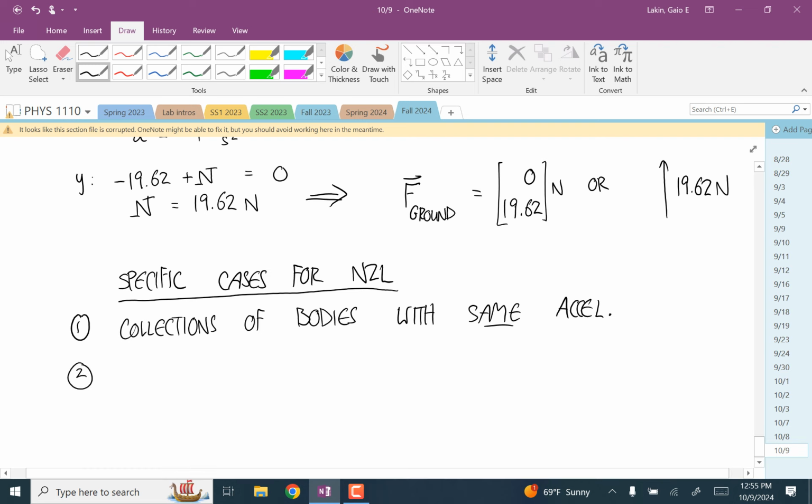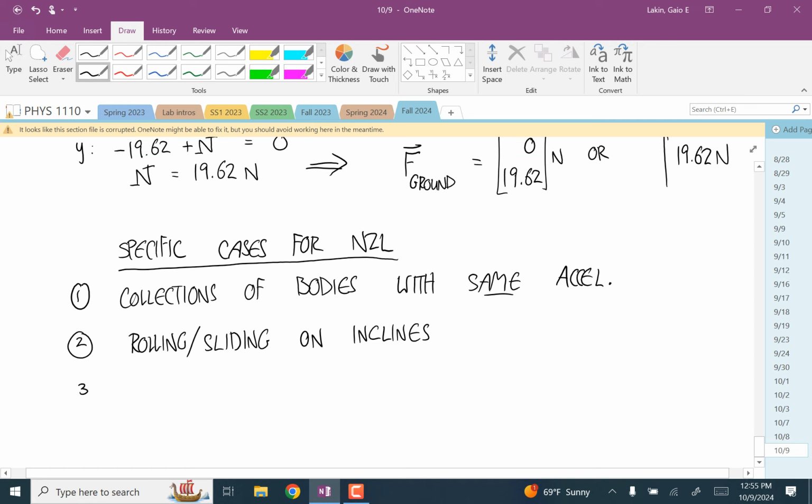Then we're going to talk about rolling and sliding on inclines. So we've talked about rolling and sliding already when the surface is horizontal, but what about when the surface is at an angle? And then the third one is collections of bodies with different accelerations.